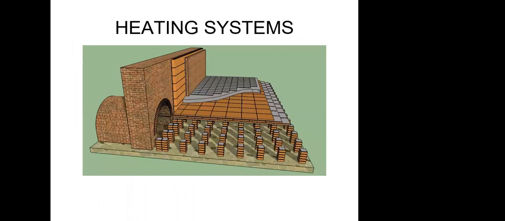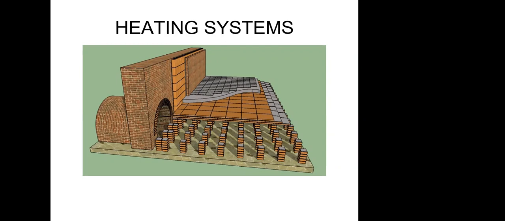Heating systems. So we're going back because we have had heating systems, not forever, but well, forever. Even cavemen, when they got cold, they just built a fire. Okay, so that's the heating system.